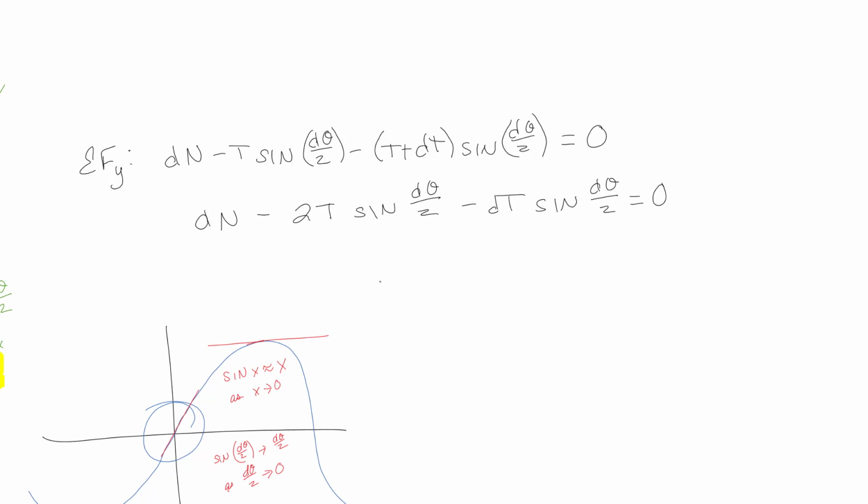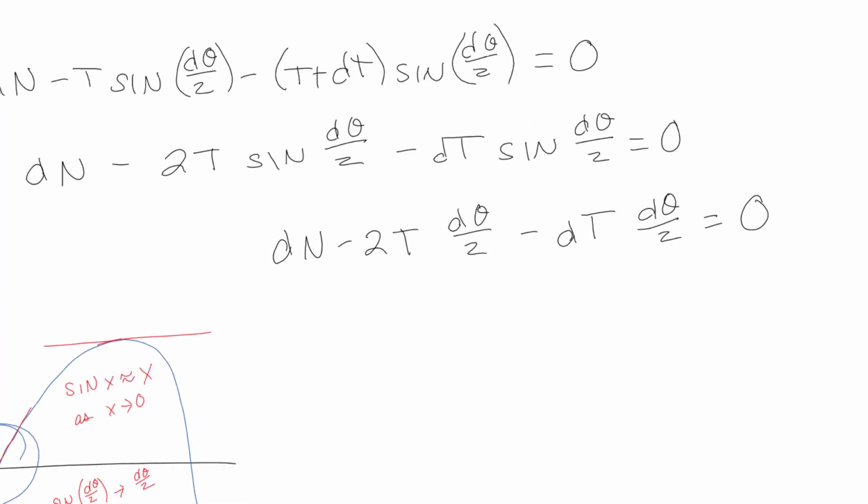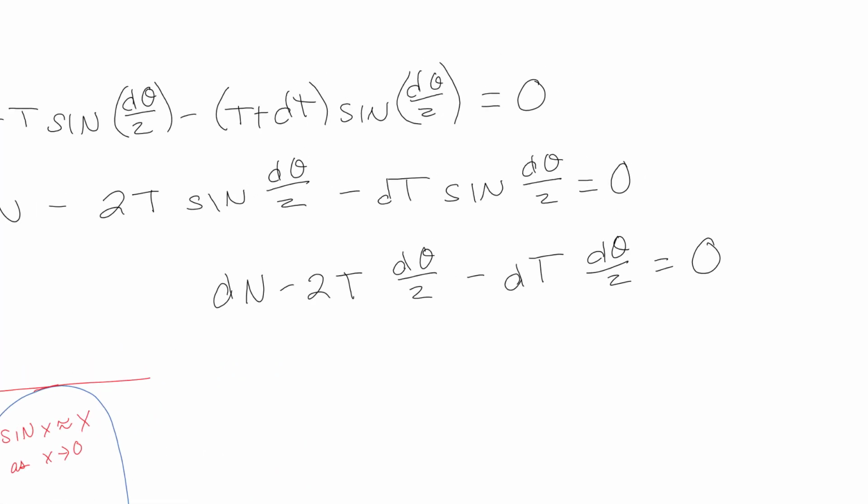So now I've got dn minus 2t sine of d theta over 2, which is about d theta over 2, minus dt times d theta over 2, equals 0. The first two I'm going to leave alone for a second, except that I'm going to mark that 2 off.